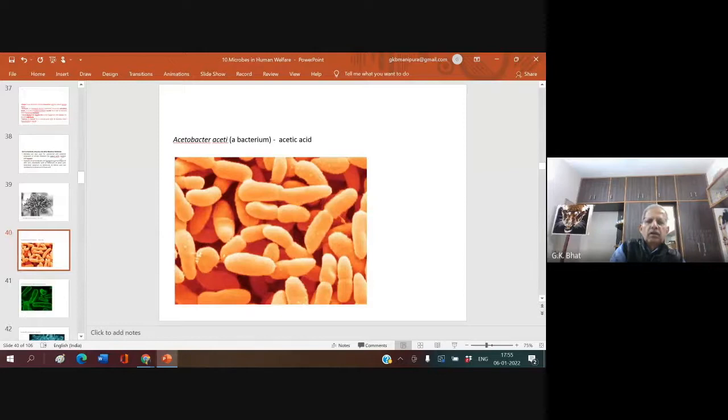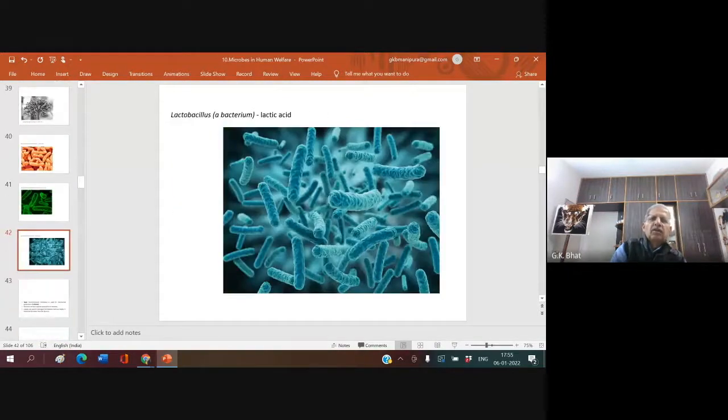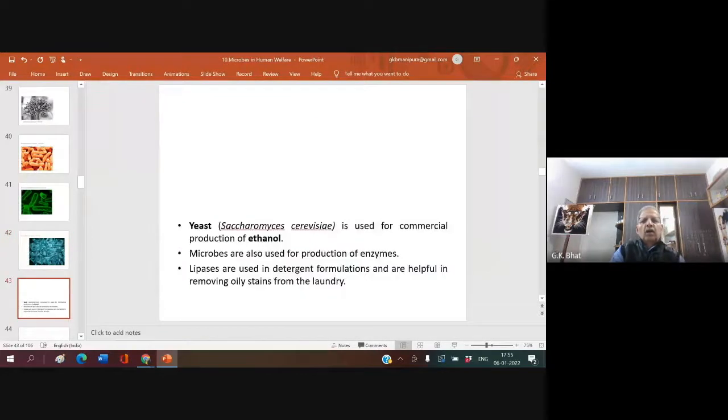Acetobacter aceti is known to produce acetic acid. Clostridium butylicum is known for butyric acid. Lactobacillus, lactic acid. Yeast, Saccharomyces cerevisiae, is used for commercial production of ethanol. Microbes are also used for production of enzymes.